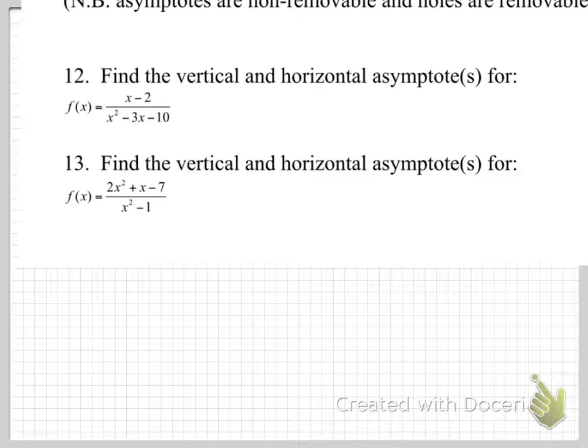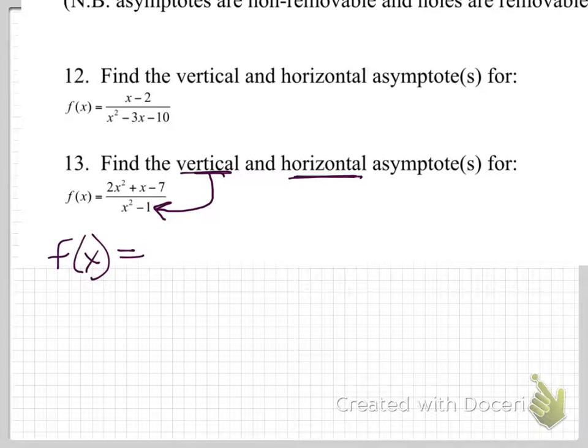In problem number 13, they ask us to find both the vertical and the horizontal asymptotes. So, quick lesson, vertical refers to the denominator. Our first thing is to factor where possible. Looking at the top, nothing multiplies to 14 and adds to negative 1. Therefore, the top is not factorable, so I'm not going to worry about factoring.